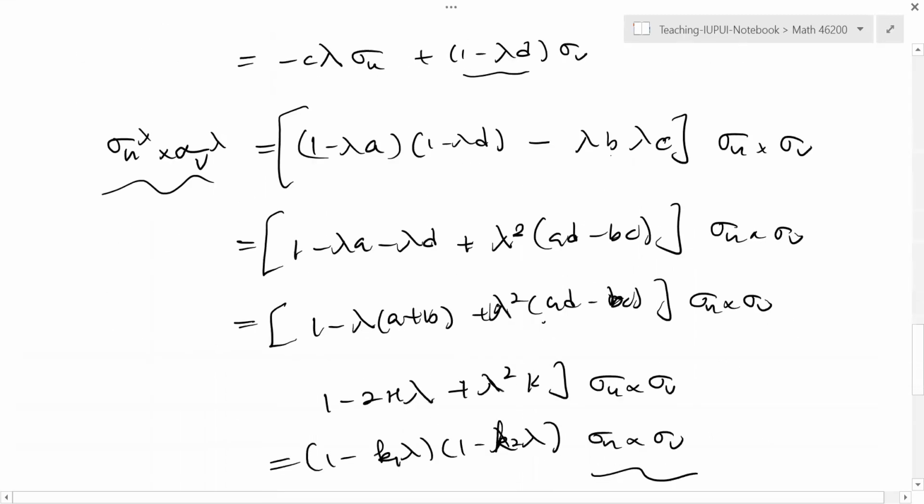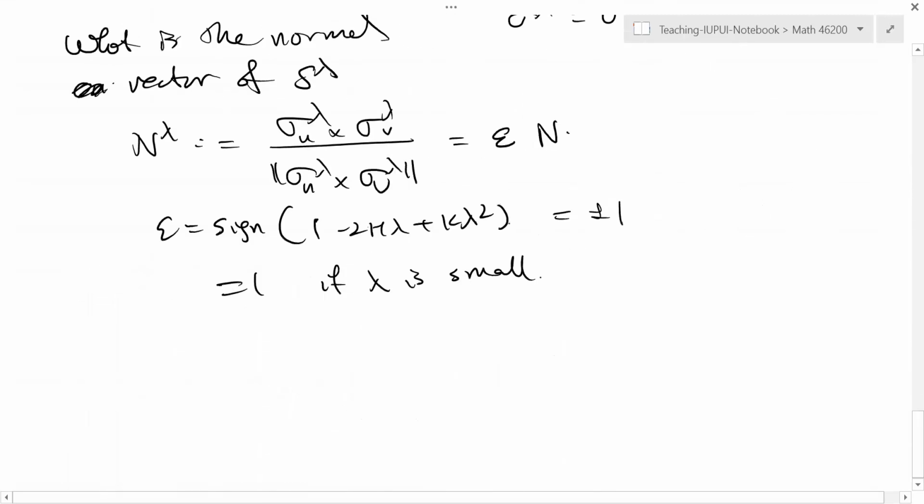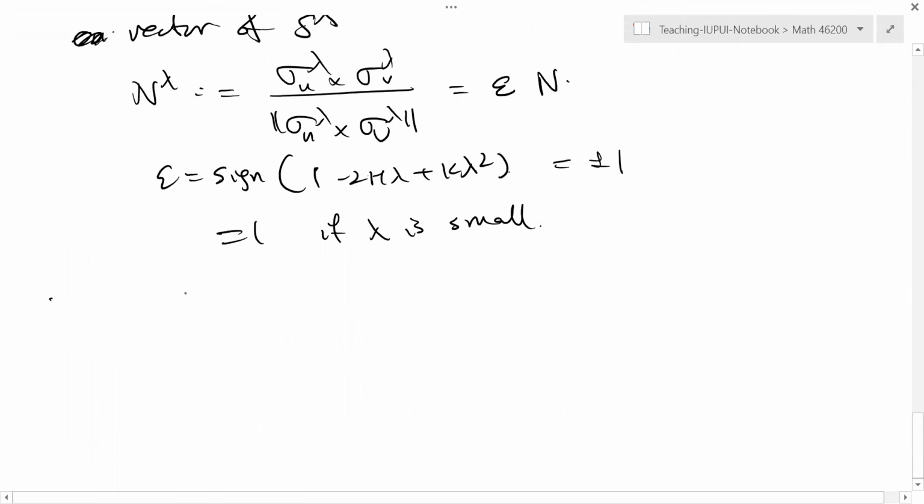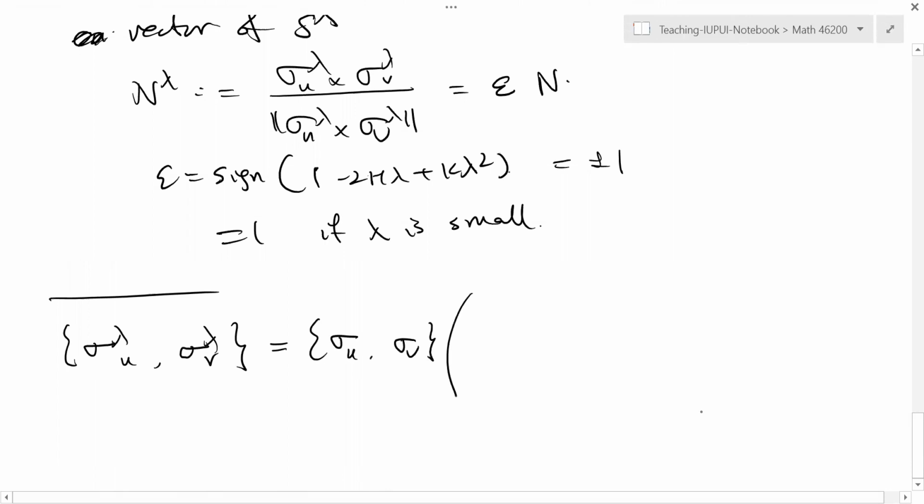All right, I'm going to express it sigma lambda u, sigma lambda v. It is going to be sigma u and sigma v, and what is that matrix?